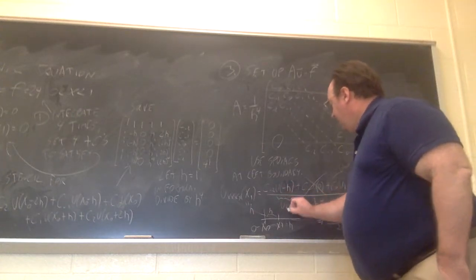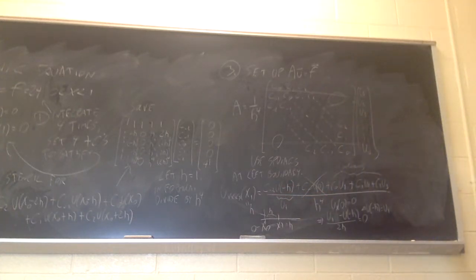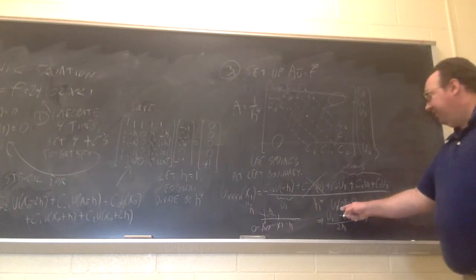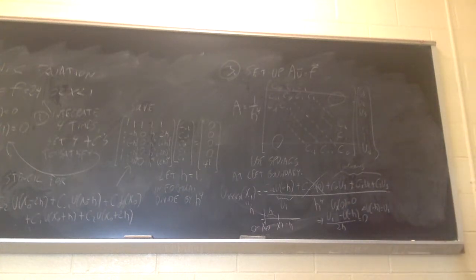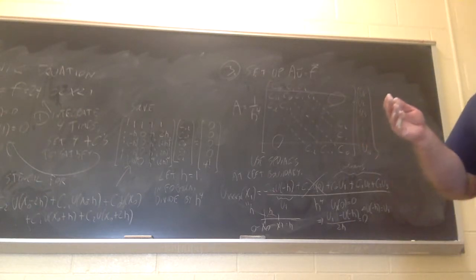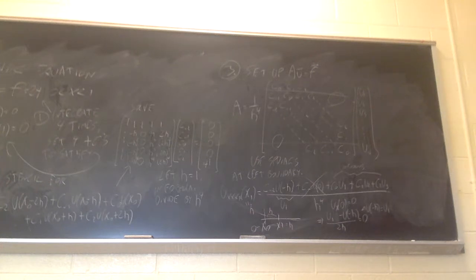So u of h and u of minus h are the same? Yes, because of this condition. This is a Neumann boundary condition, derivative being 0. What does that mean, derivative being 0? The function's not changing. So values on either side of the boundary are equal.